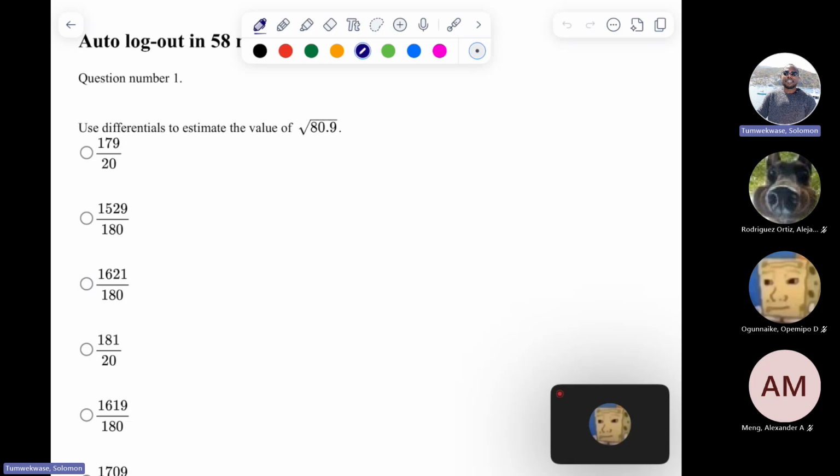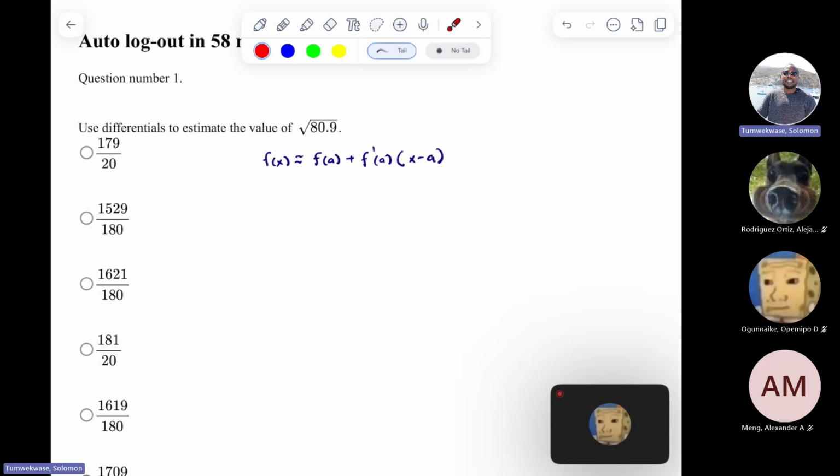And the relation we use is we want to approximate a certain function, and it is approximated as f of a plus f prime of a into x minus a. Now, what I'm saying is that a is a value which is closest to the given value, but it can be evaluated so easily according to the given function. I hope that makes sense.